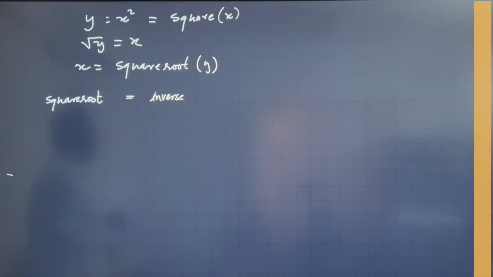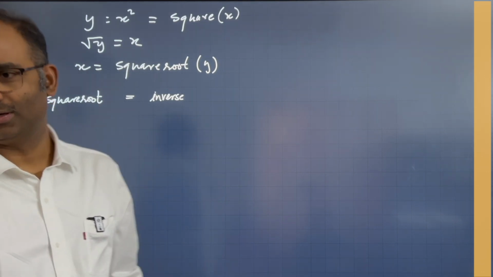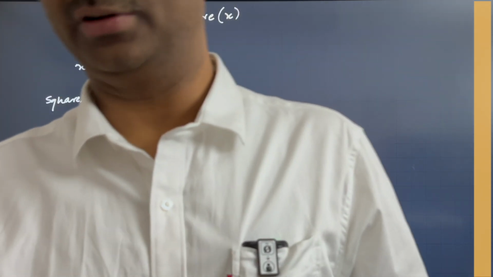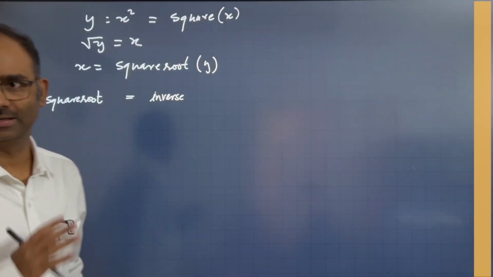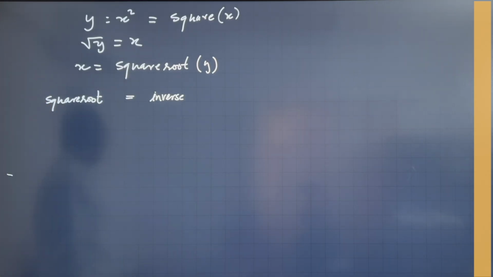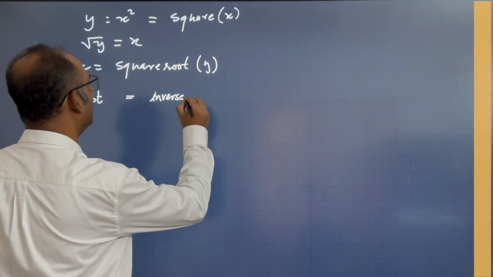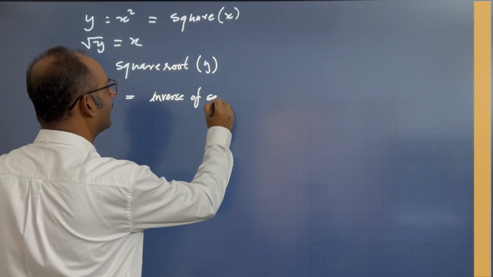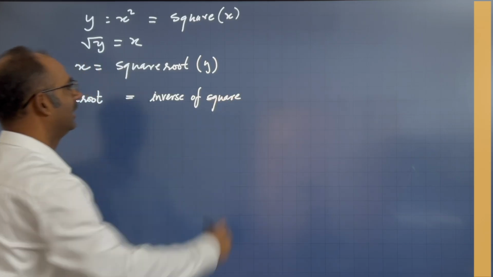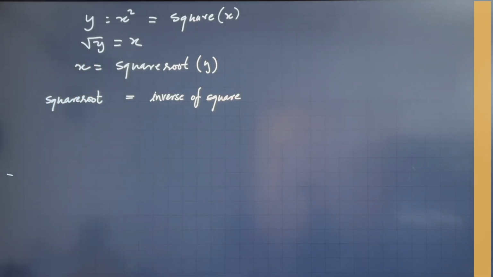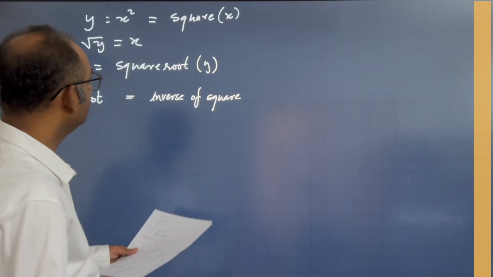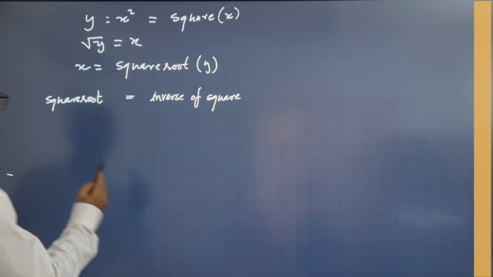Let's take positive for now. I don't want to get caught with multi-valued functions. Let's look at only single valued. Inverse of square. Is that fine? Okay.